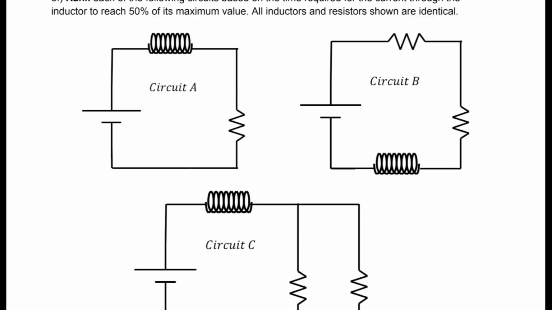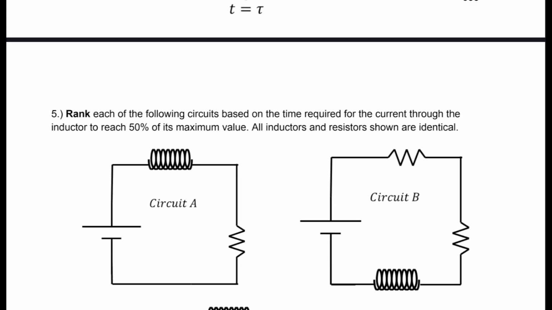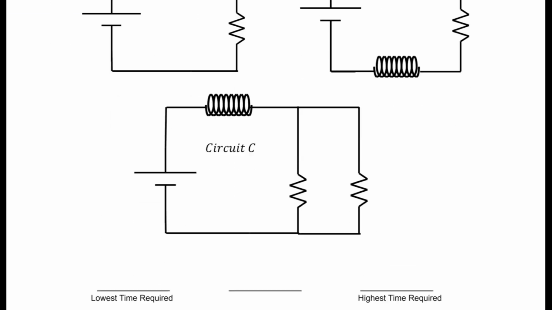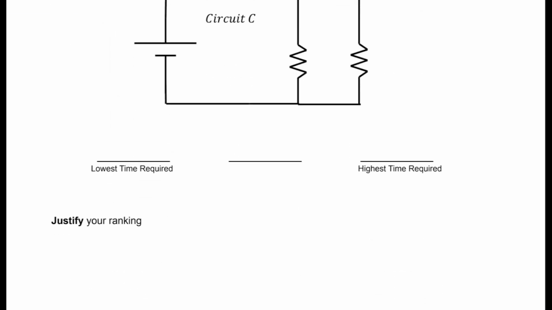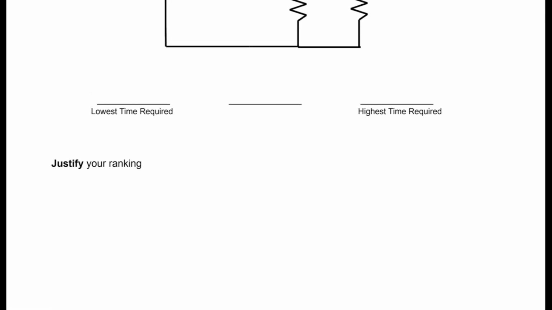So anytime we're looking at relative time it takes for the current to reach a certain value, that's proportional to the time constant. So we're really just ranking the value of tau here for each of these inductor resistor circuits.